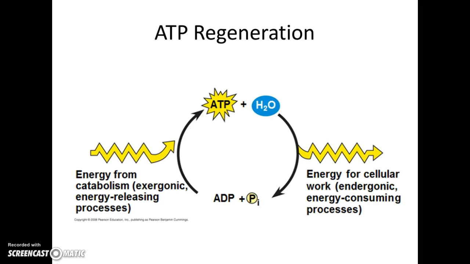The energy to phosphorylate ADP comes from catabolic reactions in the cell. Recall, catabolic is breaking down, and as we break down, energy is released. So that would be an exergonic reaction. This exergonic reaction gives the cell energy that can then be stored, moving back into ATP, an endergonic reaction.